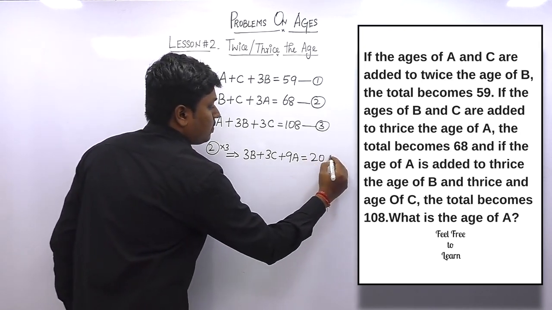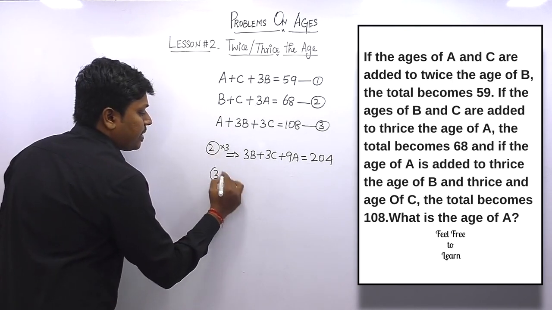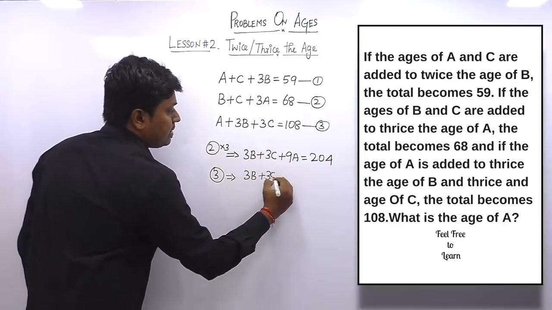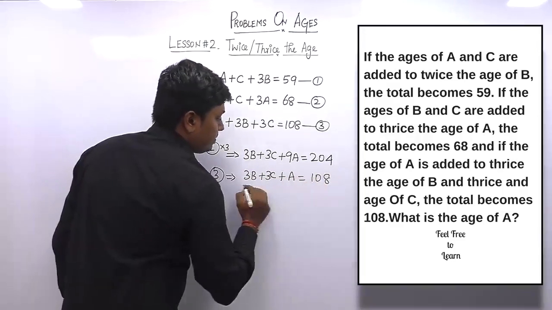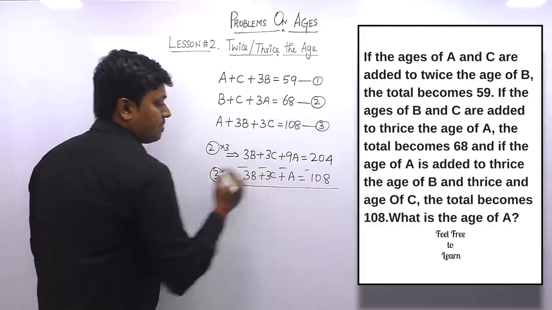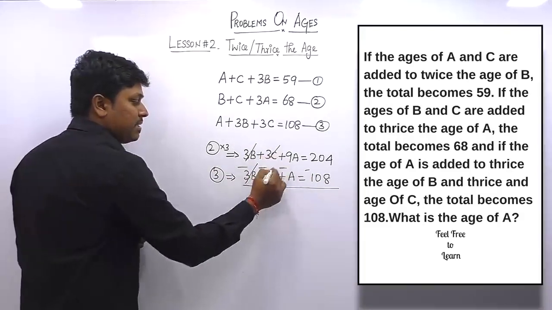Next, let me keep equation number 3 as it is. Here we have 3b plus 3c plus a is equal to 108. Now we can subtract both the equations, so that we cancel 3b minus 3b, similarly 3c minus 3c.